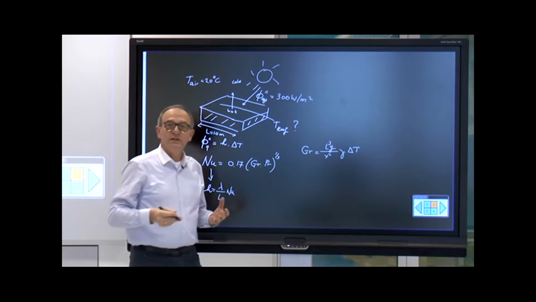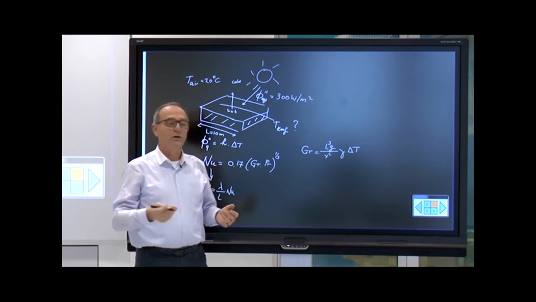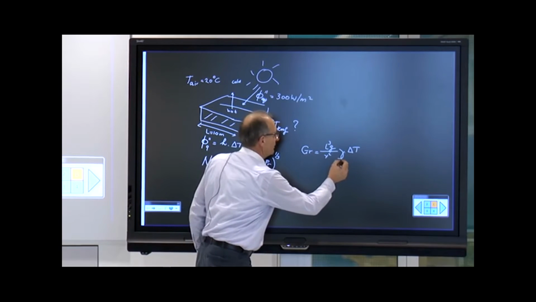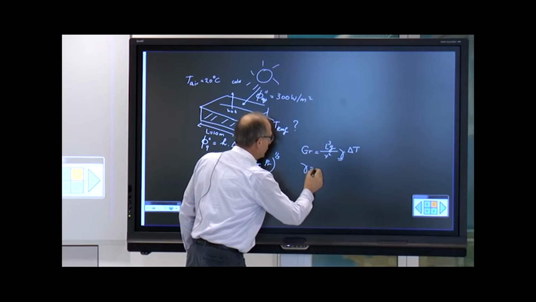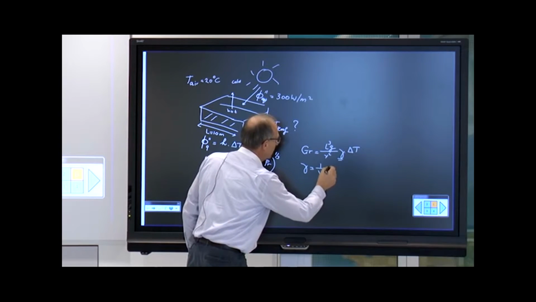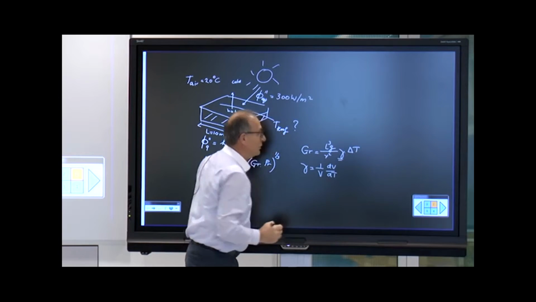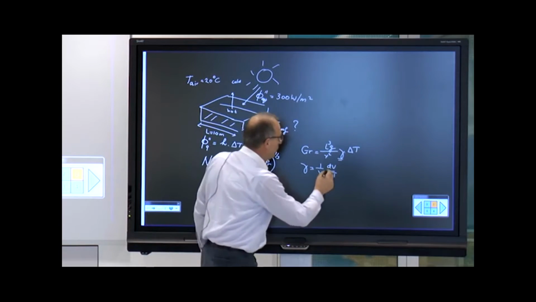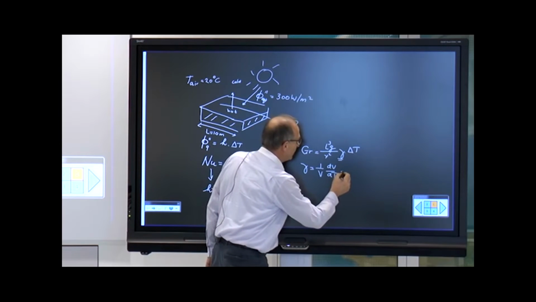Okay, that's nice to see, but now the question is, how could we derive the cubic expansion coefficient, gamma, in this case? Well, this gamma is equal to 1/v dv/dT in case of an ideal gas. If you put in the ideal gas law, you will find that this is equal to 1/T.